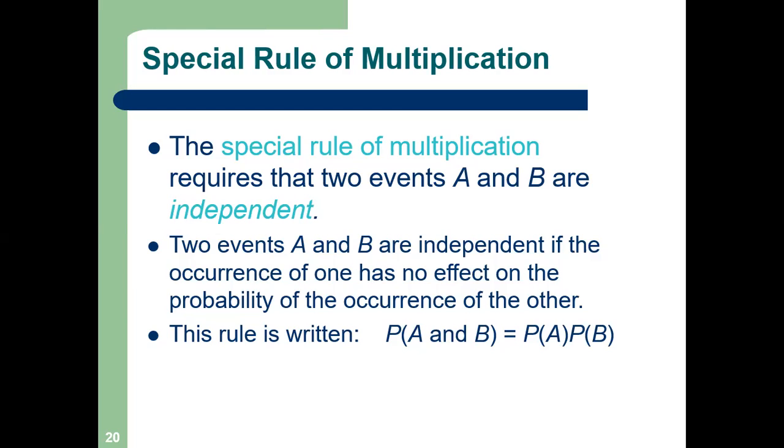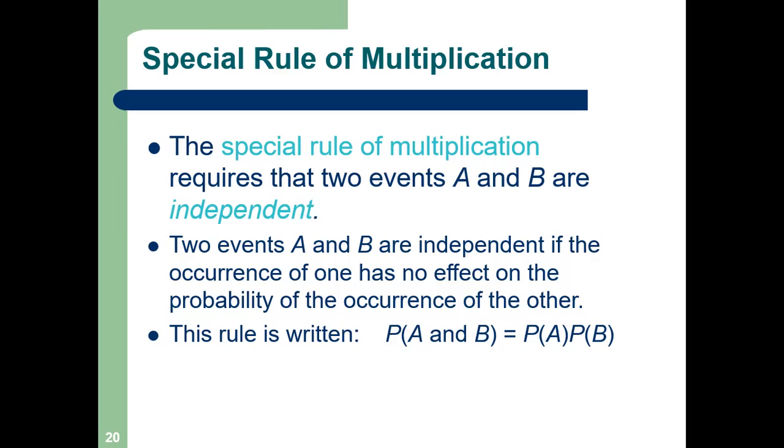For example, when we are tossing a coin, the two events, head and tail, depend on each other. If head shows face up, tail will not show face up. If tail shows face up, head will not show face up. So we cannot apply the rule of multiplication on the tossing a coin example.